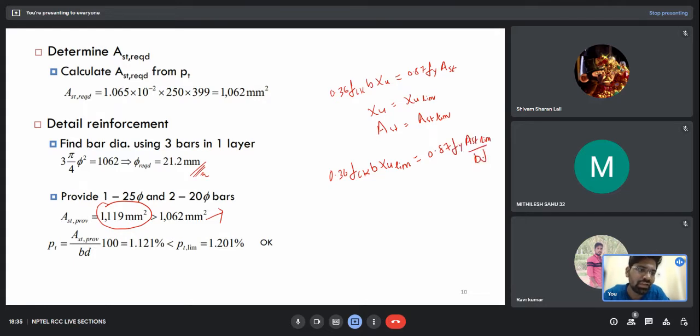Just divide this by bd. So here also we will be dividing it by bd. Now what will be this term? This term will be 0.87 fy percentage limit. So this is the limiting percentage of steel, and you can calculate it. So that limiting percentage of steel is greater than this value, so that's good to go.